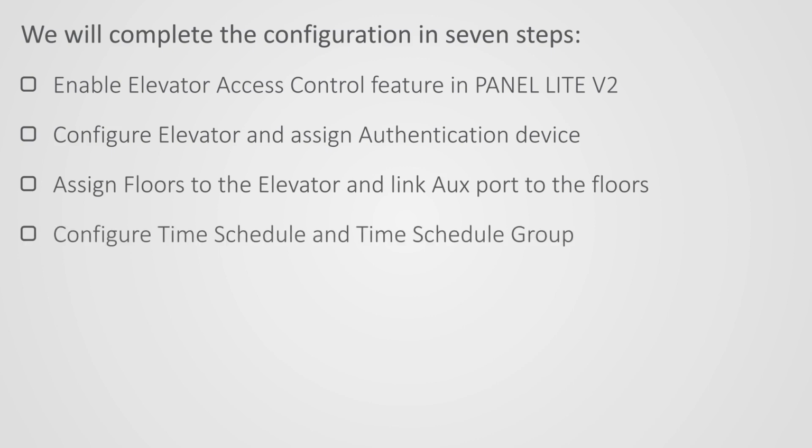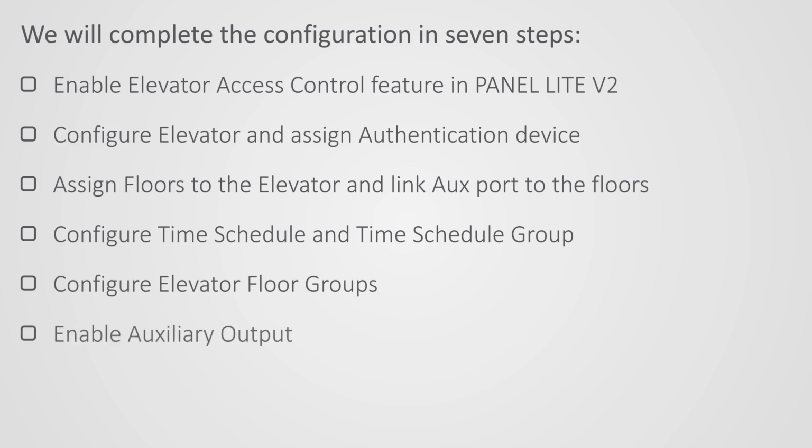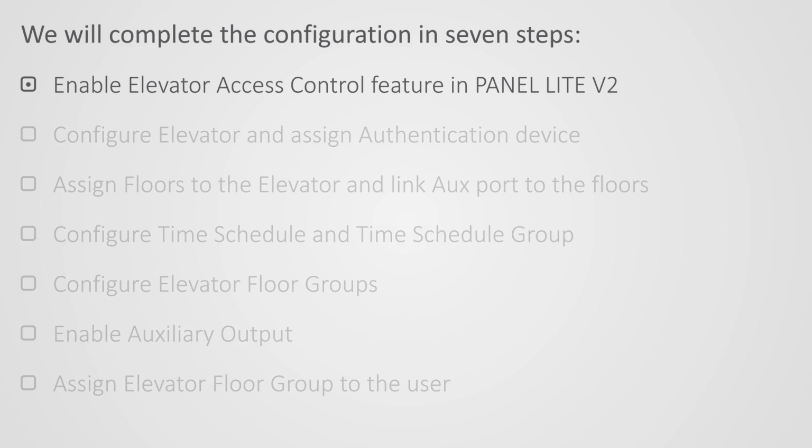Fourth, configure time schedule and time schedule group. Fifth, configure elevator floor groups. Sixth, enable auxiliary output. Seventh, assign elevator floor group to the user. Let us start with the first step.